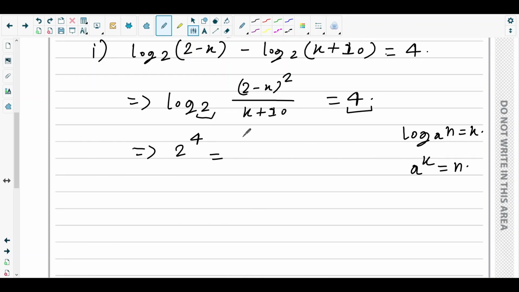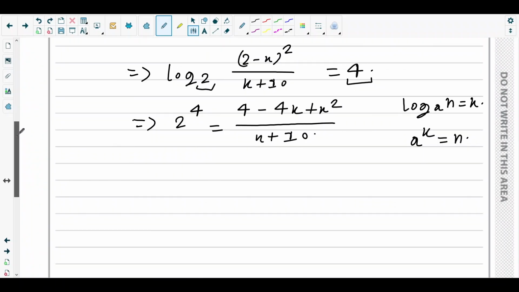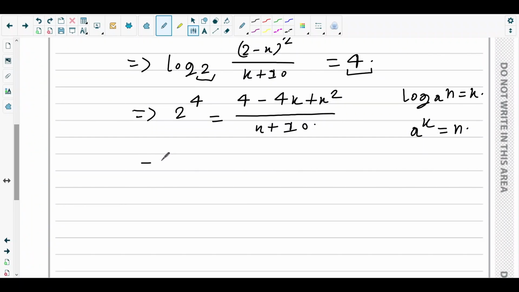Let's expand it. 2 squared is 4, minus 2ab, so 2 times x gives 4x, plus x squared, over x plus 10. Now do cross multiplication. You will get x squared minus 4x plus 4 equals 2 to the power 4, which is 16, so 16x plus 160.